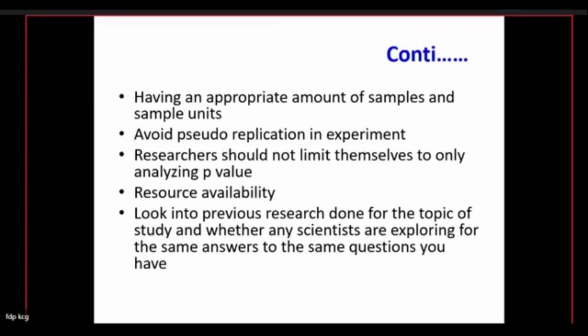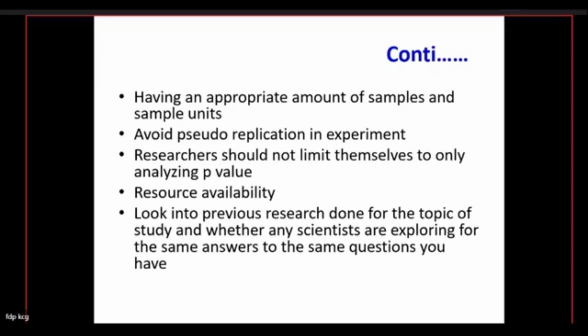Have an appropriate amount of samples and sample units. When you are doing a survey, the sample should be in hundreds and more than hundreds. But if you have too many samples, then the cost will come into the picture and difficulty will come into the analysis. Avoid pseudo replication in the experiments, which is not really replication.